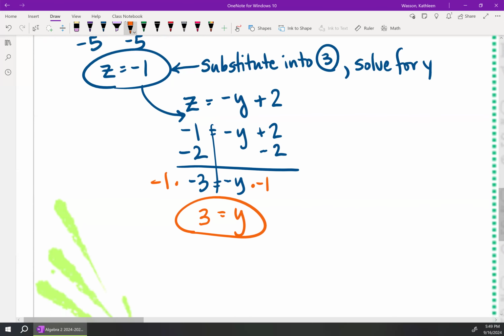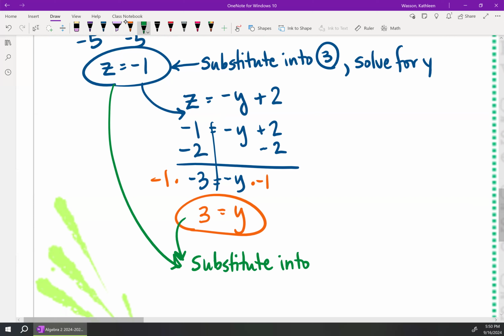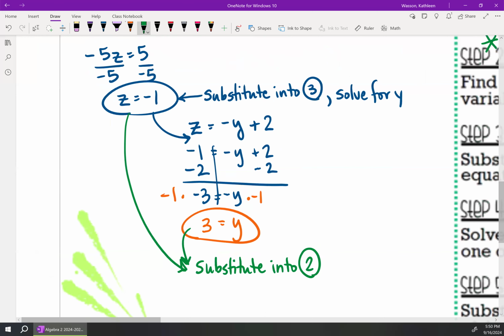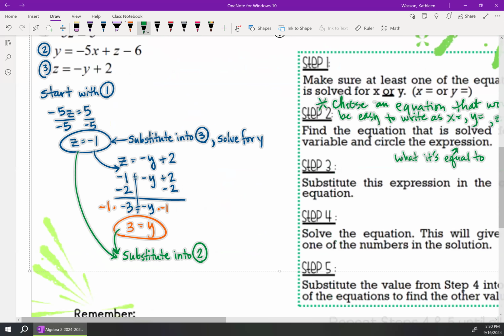So I can substitute both of these values, this one and this one, into equation 2. Equation 2 is y equals negative 5x plus z minus 6. And I know that the value of y is 3.